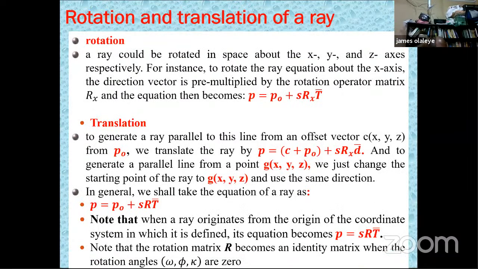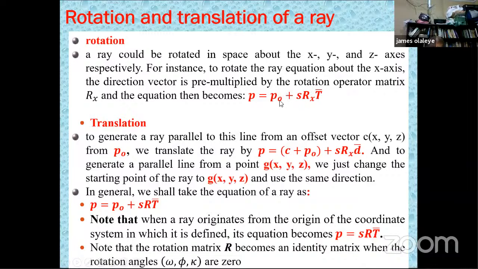Now, one point that is important is you may be required to transform a ray. To transform a ray means either multiply it to increase its length, or you want to rotate it or reflect it about a line, and so on. So what we do is to change either the direction or the starting point.